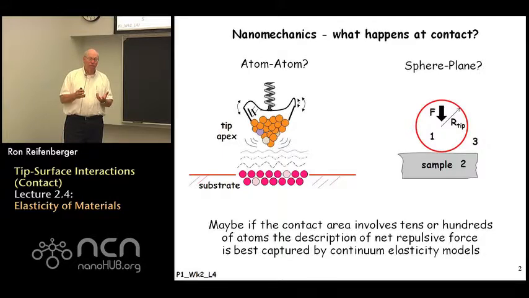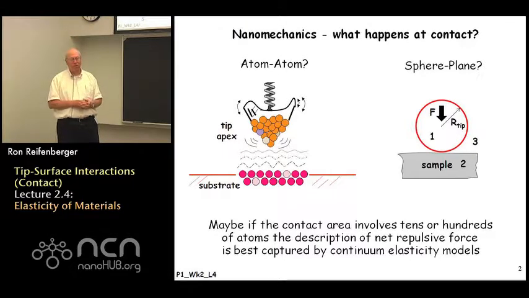So the problem with this bulk approach is, of course, that you're going to neglect the atomic corrugations that exist on the tip. You're going to neglect the atomic steps and the atomic scale features that may be on the substrate. And you're going to sacrifice that in order to achieve a numerical model that better describes the tip-substrate interaction.